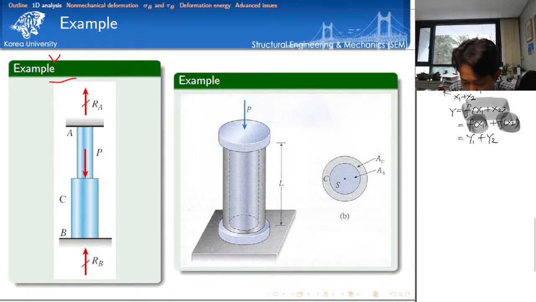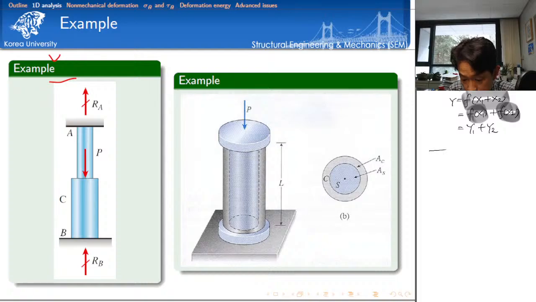Okay, so now this is the system. Certainly this is a statically indeterminate structural system. And then I'd like to decompose this structural system. Force P, and then I have reaction RA, and then here RB, isn't it?